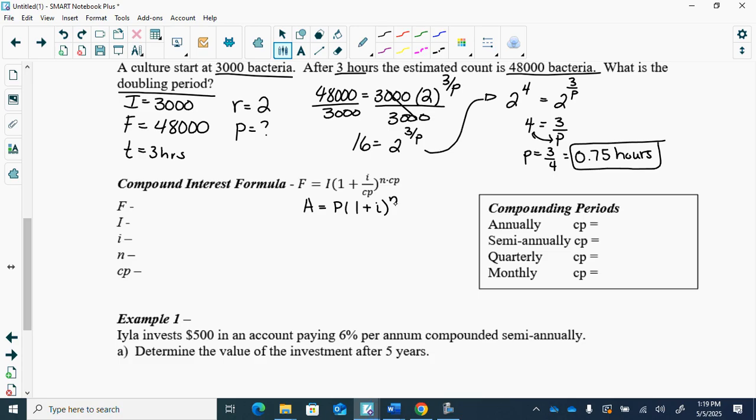F would still be final. I is still initial. Little i is still interest rate, but it has to be in decimal, and we're always going upward. N is the number of years. And CP is the compounding period.